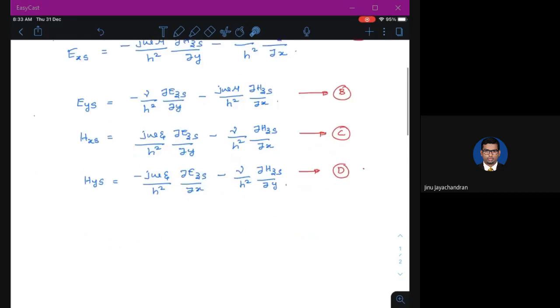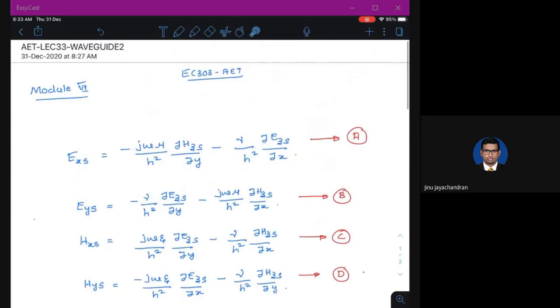Okay, so I have already told this earlier. It means that if you are in a waveguide and this is how the wave is propagating, for example, in this direction, which is Z, the electric field is still perpendicular to the direction of propagation.